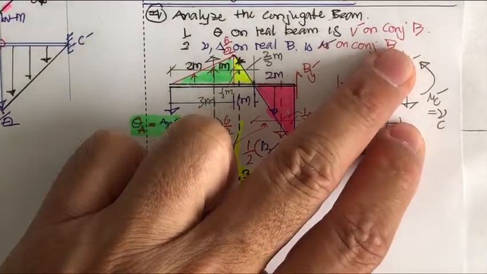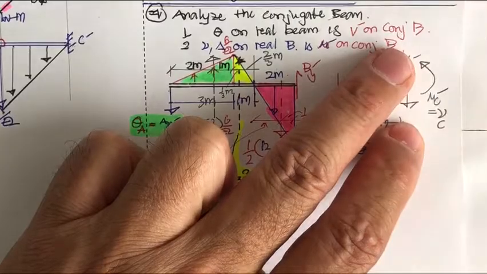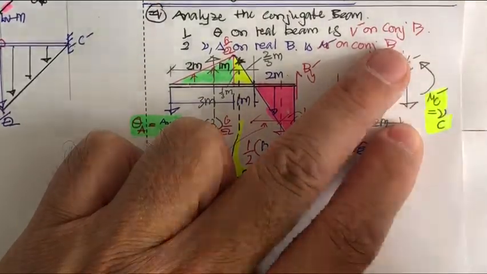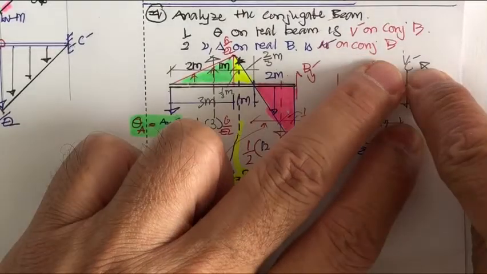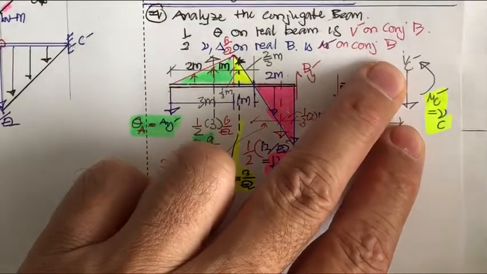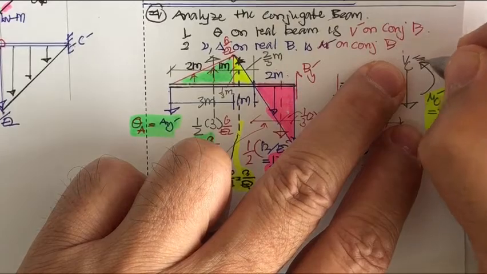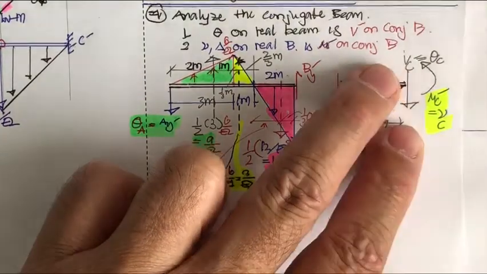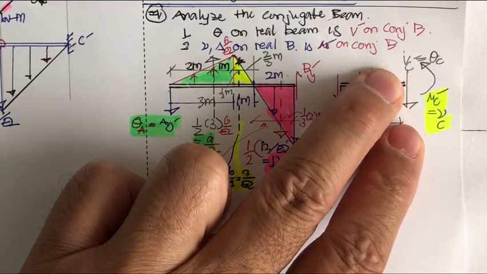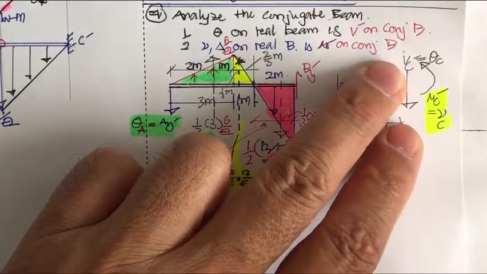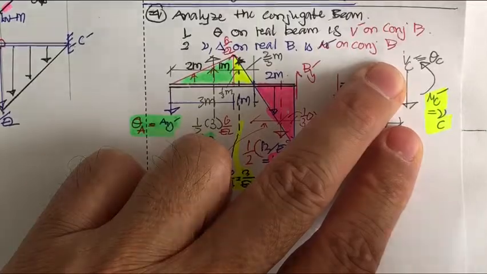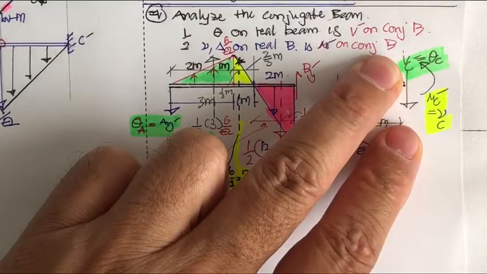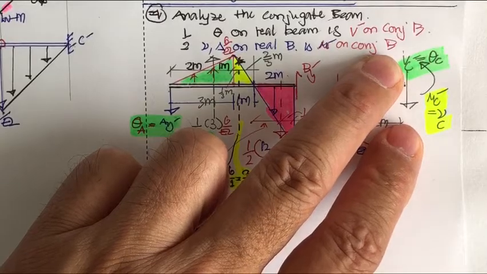M sub c prime is going to be the deflection at c. And what is going to be v sub c prime here? V sub c prime here is going to be the zeta sub c. So if we determine the reaction here, at least we get some that we require.